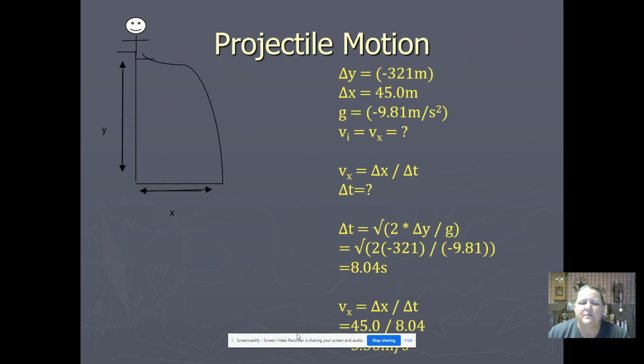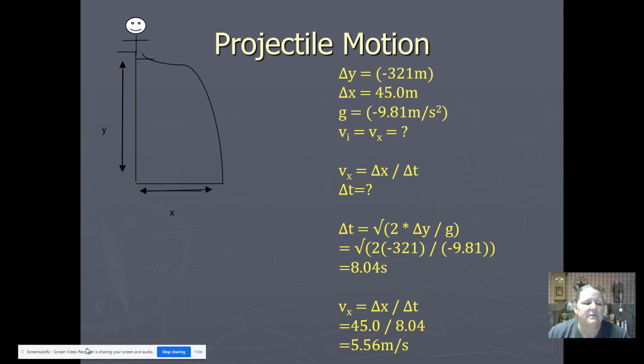Okay, I'm trying to move this around. There we go. Velocity x is equal to delta x, the distance it landed out, divided by time. So here we go. 45 meters. It landed 45 meters out. We just calculated the time. It took 8 seconds.